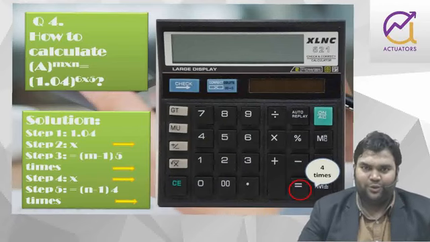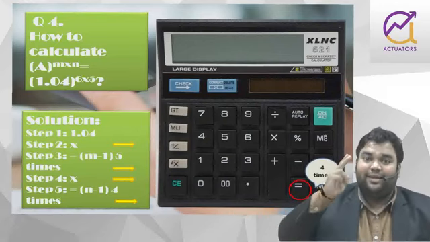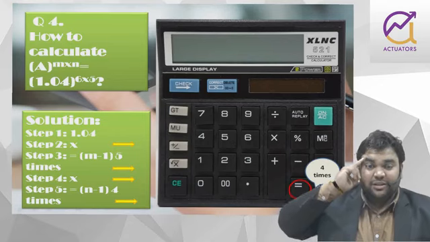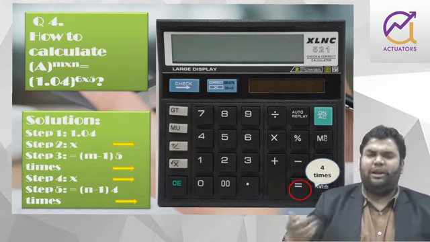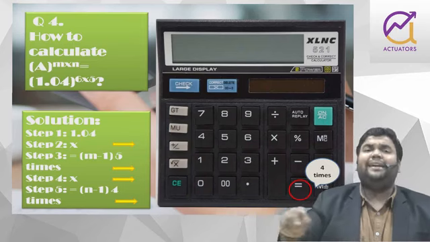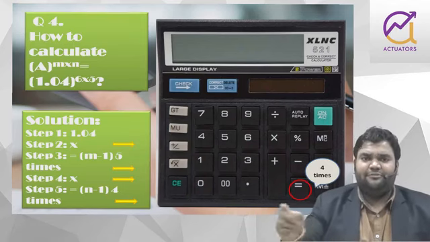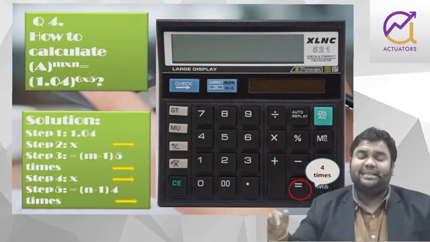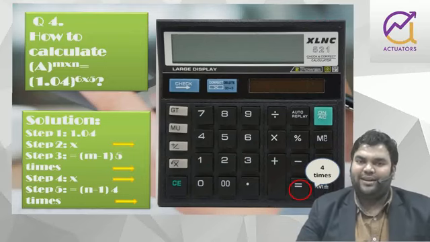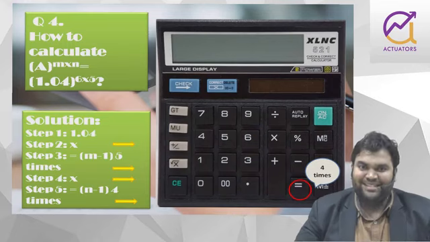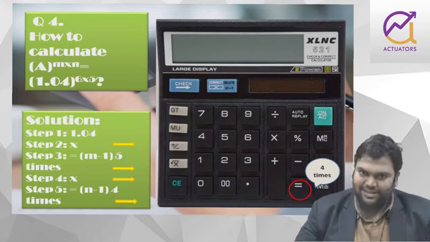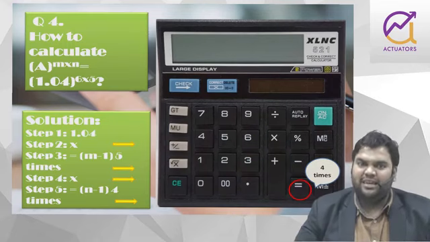Type 1.02. First you need to think in which two powers, or you can also use 3. But now we are using 2 breakups. We are breaking the power 40 as 8 into 5. So 1.02, done. Press into once. Then press equals to 7 times.